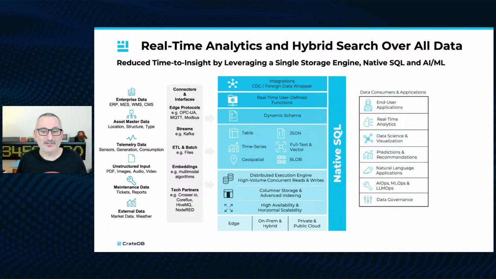Then over there on the right, you're going to want to do something with that data once you have it in the database. Again, we use native SQL for everything, and it also applies to the input. CrateDB supports the Postgres wire protocol.